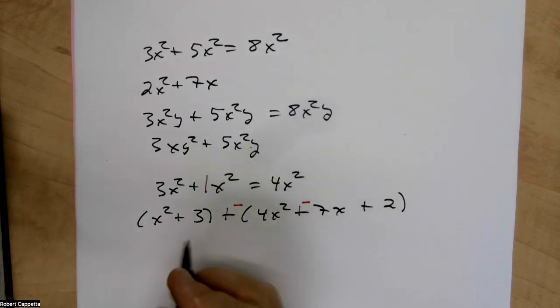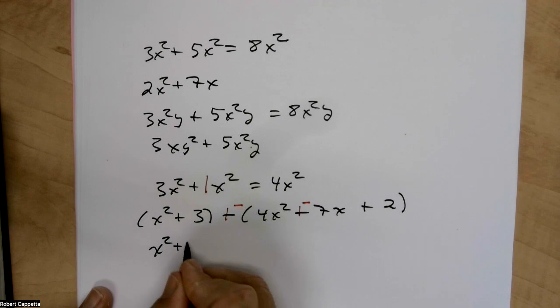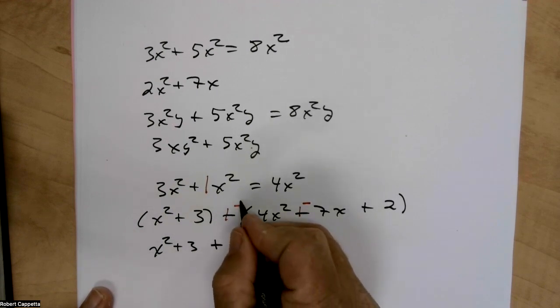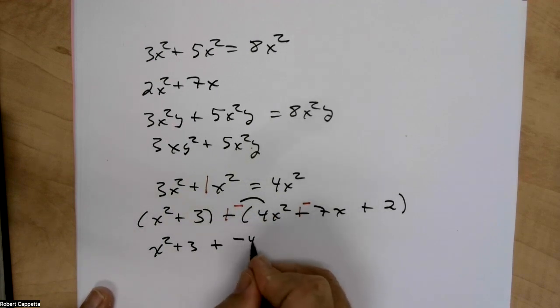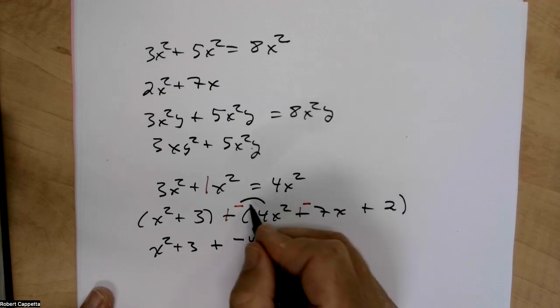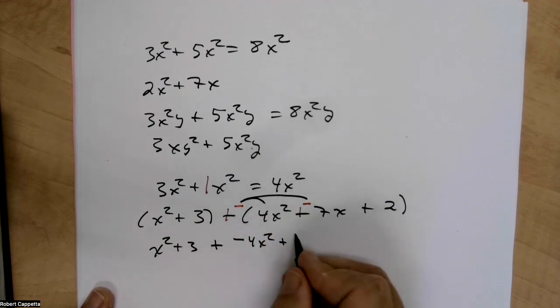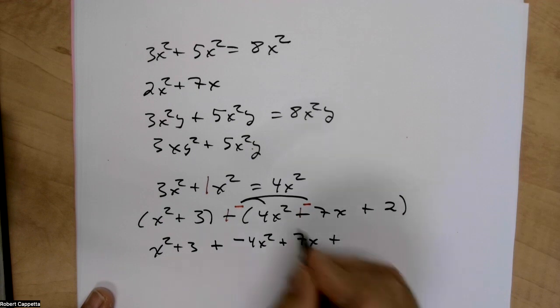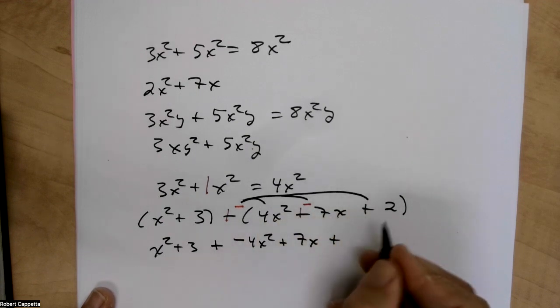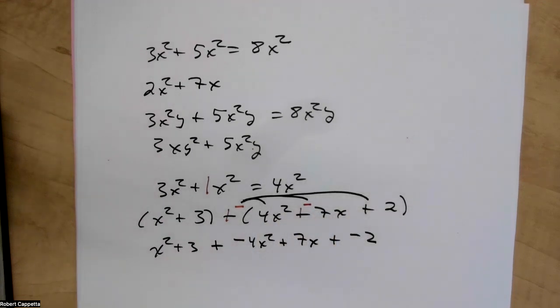So here, what do I have? I have x squared plus 3 plus distribute the negative of 4x squared is negative 4x squared, plus the negative of negative 7x is positive 7x, plus the negative of 2 is negative 2.